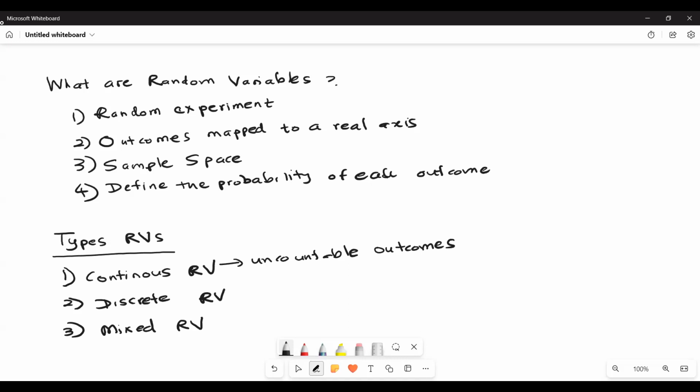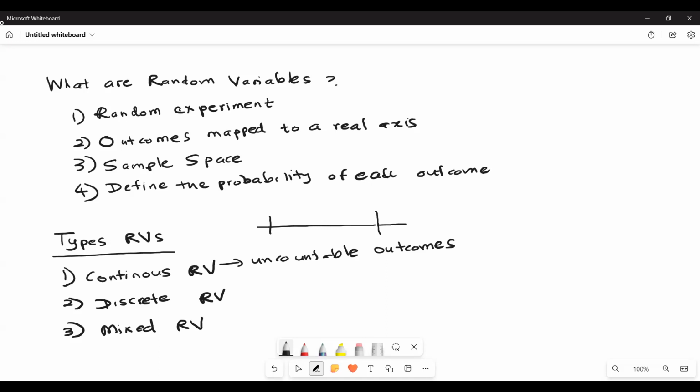The reason is that between two integers, you can define an infinite amount of outcomes, right? So if we take a certain random experiment, let's say it has outcomes that are mapped to a real axis.